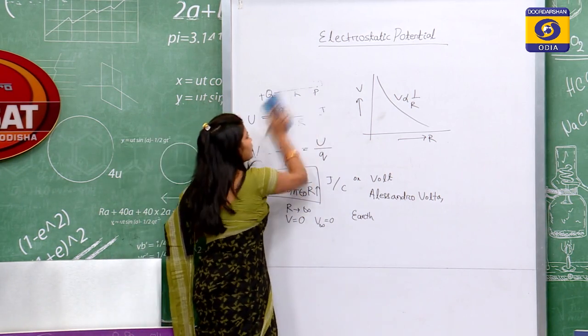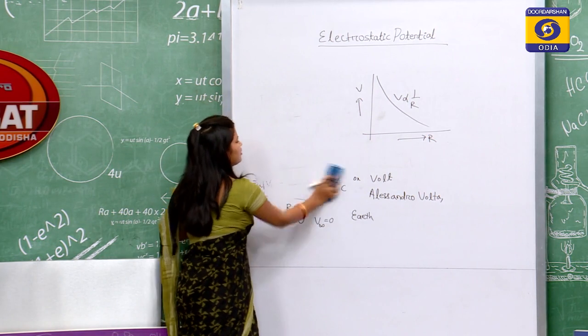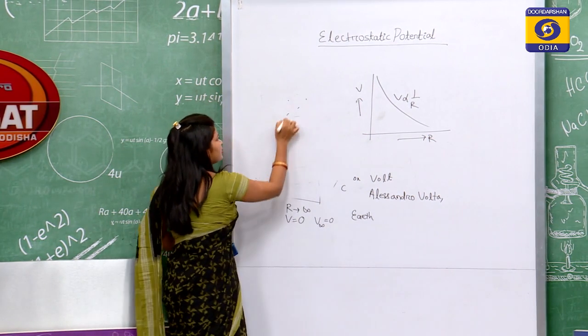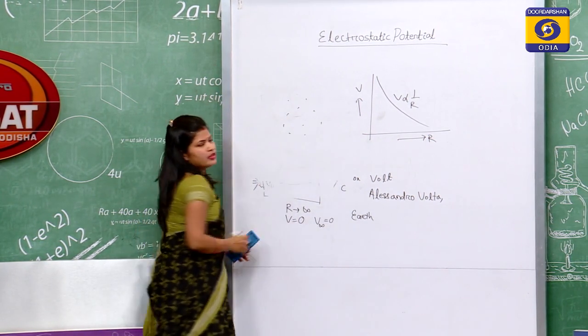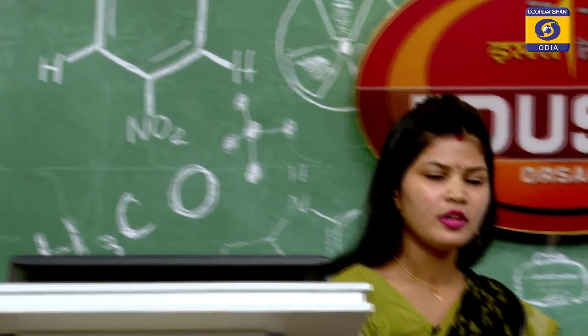Now, we have a collection of charges. Then what is the energy of this system? Let us see a 3 particle system. First bring Q1 charge.